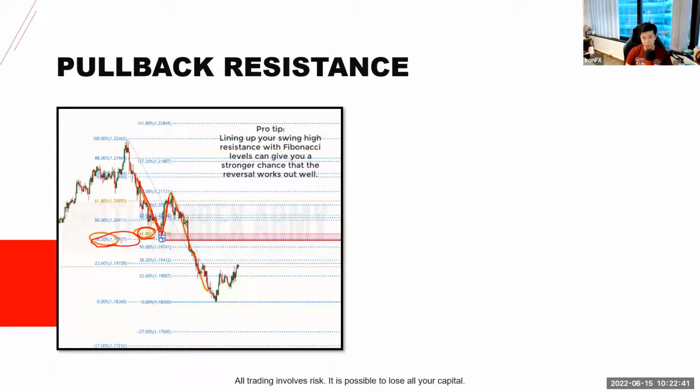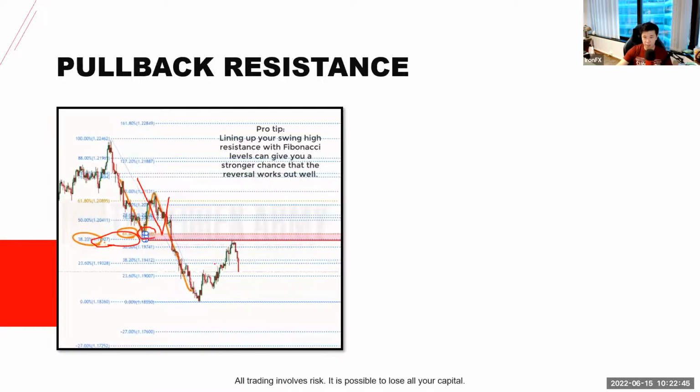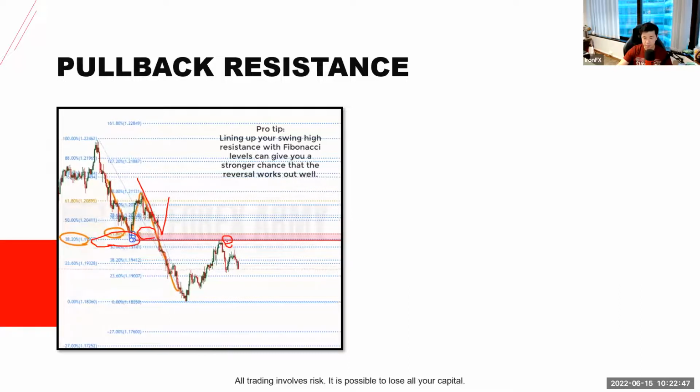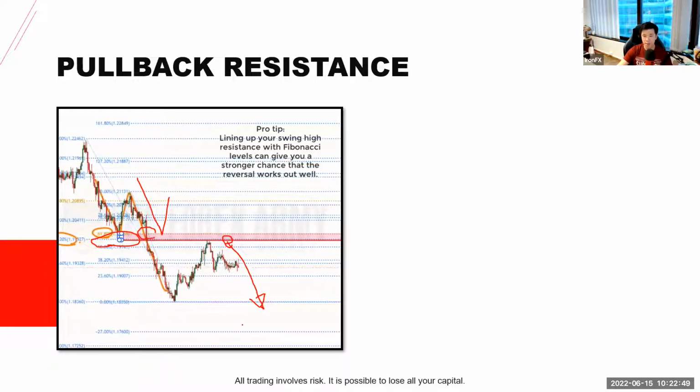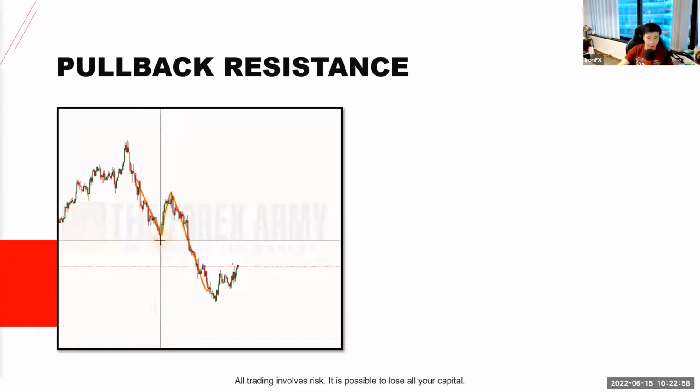Let me see if this actually fast forwards into an example. You can see how price reaches this level, touches it, drops down. Okay, that is what you're looking for. In this example, what I'm showing is this resistance level over here.